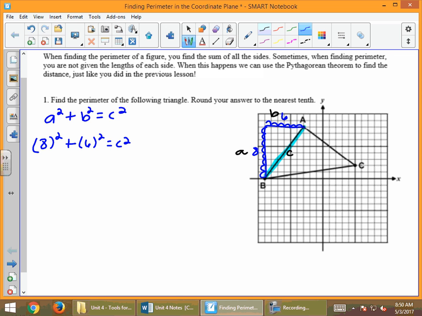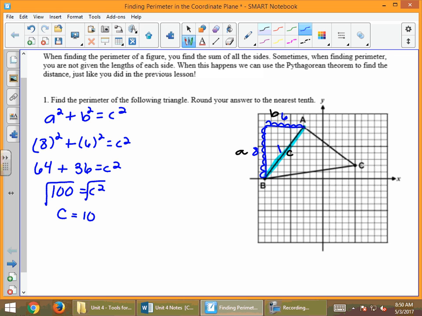That's exactly what we did in the last one. 8 squared is 64. 6 squared is 36. And 64 plus 36 is 100. Square root both sides. So the distance of AB is 10.